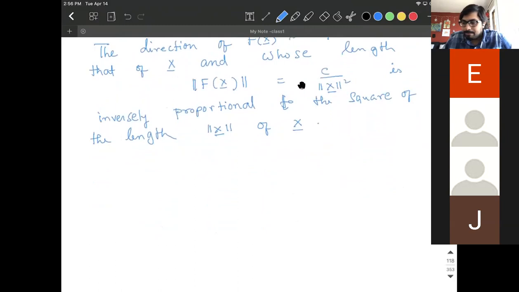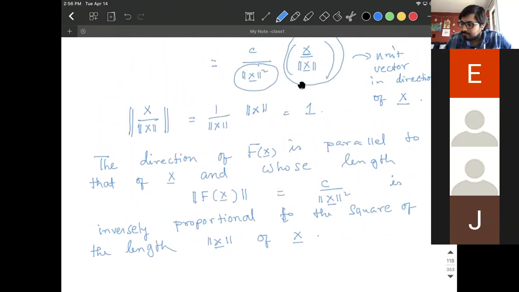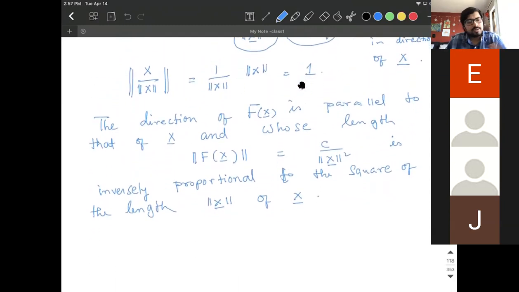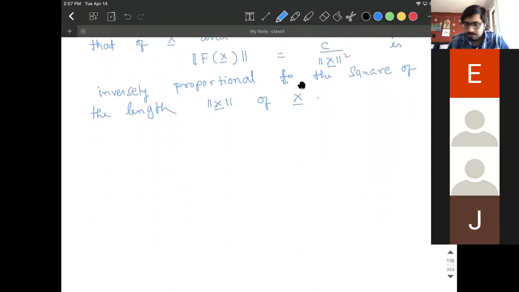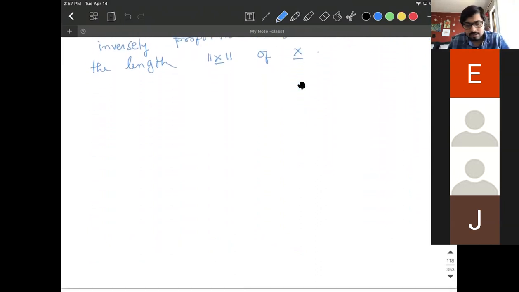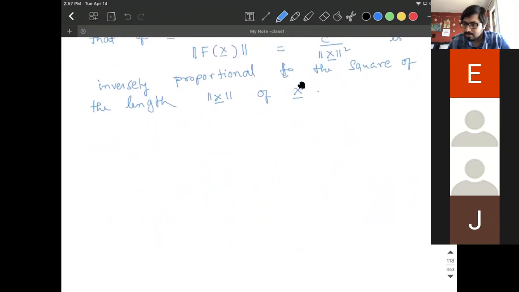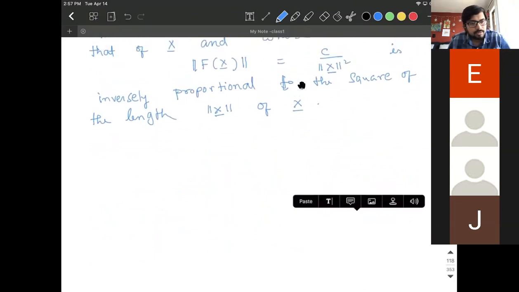Okay, so depending on this scalar C, you can guess that this vector field would be either an attractive vector field or a repulsive vector field. So could you give me an example of an attractive vector field which follows the inverse square law? Very famous example. Mass in space.